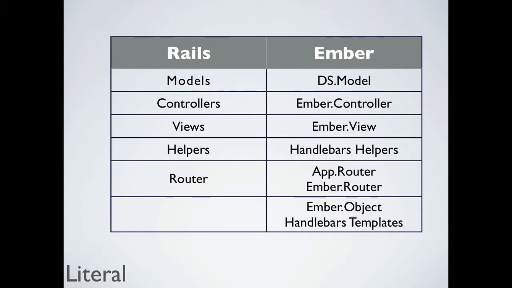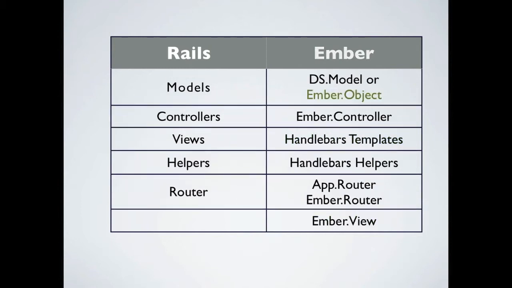Rails views, for example, look nothing like Ember views. They look much more like the Handlebars templates that Ember uses. Rails models not only match up well with DS.Model, but they also match up pretty well with Ember.Object.